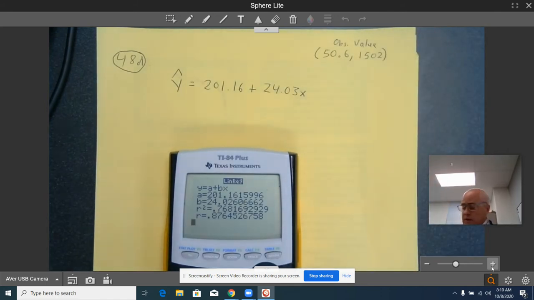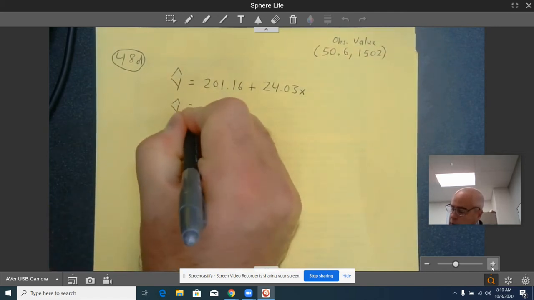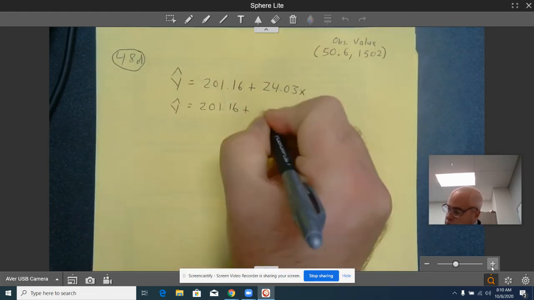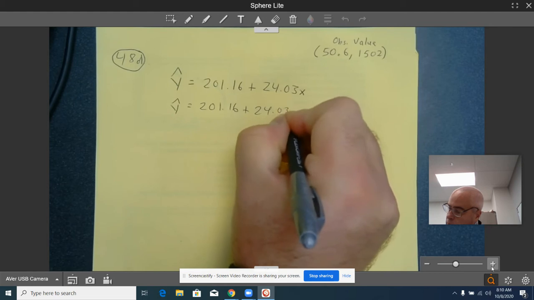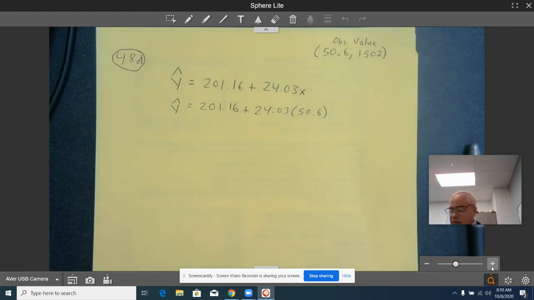That's what we're interested in: being able to come up with an equation that will allow us to make predictions. So y hat equals 201.16 plus 24.03 times 50.6. Let's see what that does for us.